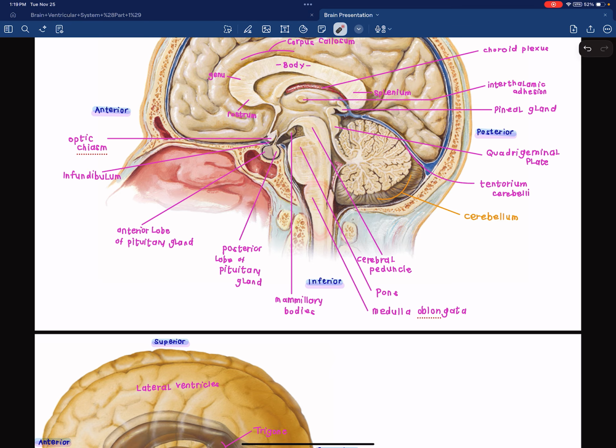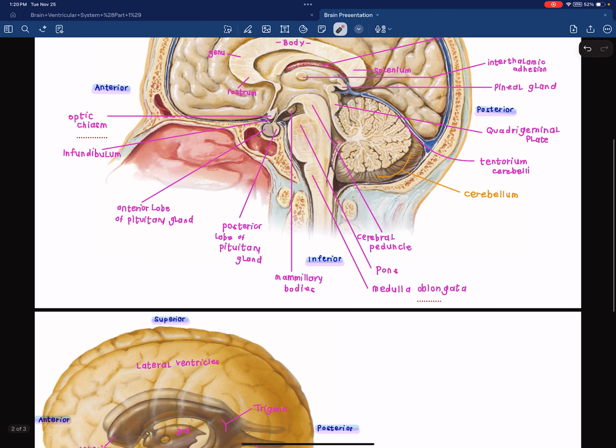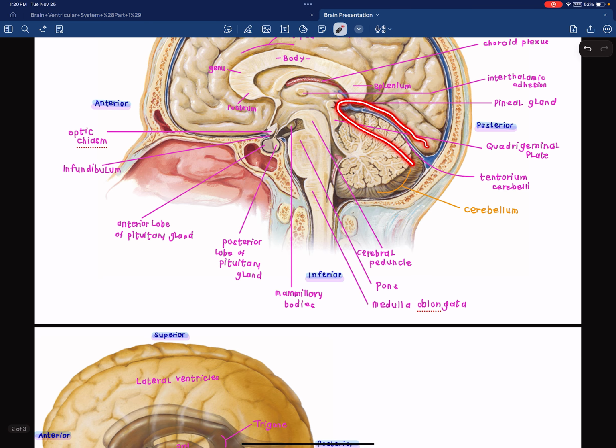The medulla oblongata continues inferiorly towards the spinal cord. We have got the tentorium cerebelli, which is this area here, which is a fold of dura mater that slopes posteriorly and inferiorly, and it forms a roof over the cerebellum here.